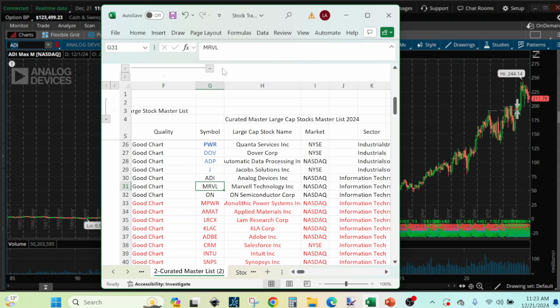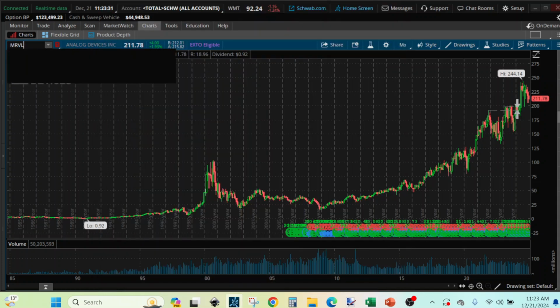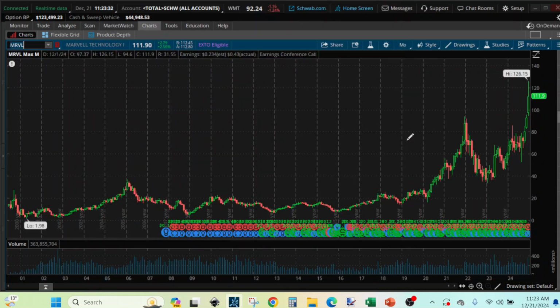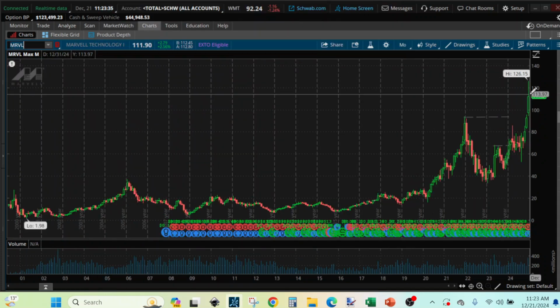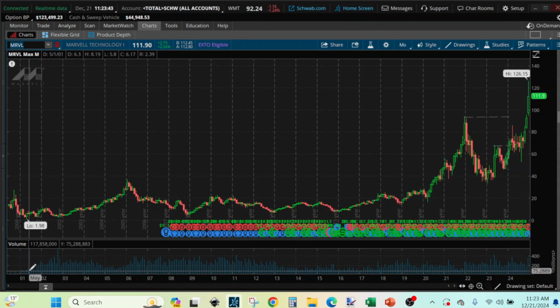The next one, the price is above prior year mountain, but this stock is kind of new though, because the farthest it can give us is, what, 2001.